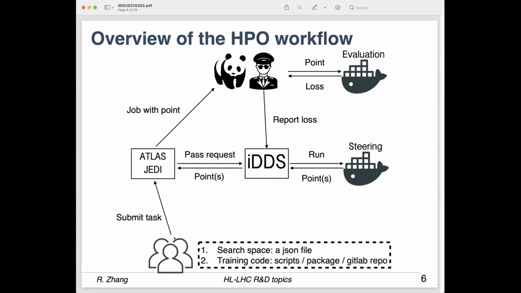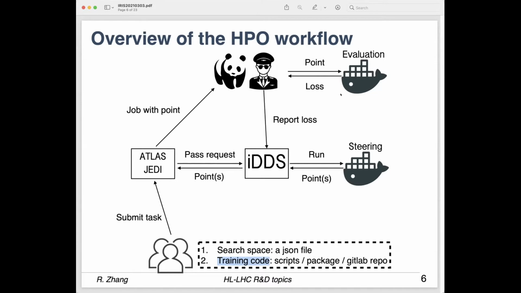And at that site, the site will run an evaluation container, which contains the training job. Basically, the user has to put this training code into the evaluation container, and the evaluation container will know the point, and it will run the training. And afterwards, there will be a metric, for example, the loss from the whole training.